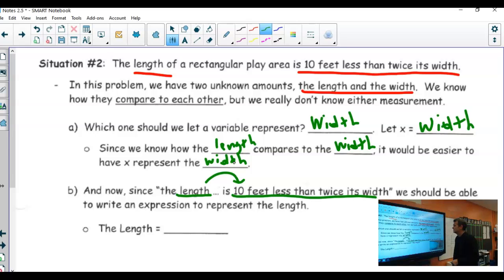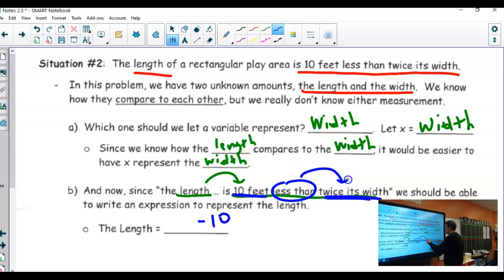And let's do that. This is a tricky one, right? The length is 10 feet less than twice its width. How do I get 10 feet less than something? To get 10 feet less than something, I need to subtract 10 from it. What am I subtracting 10 from?